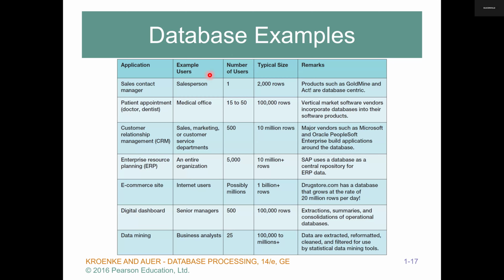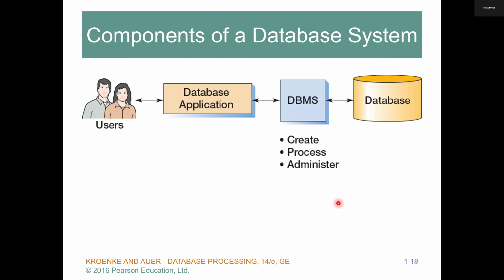These are examples of database applications, those who use them, number of users, typical database size, and whatever. So a database system: we have the user here, the database application. This can mean the UCM that you use, the interface of the UCM.